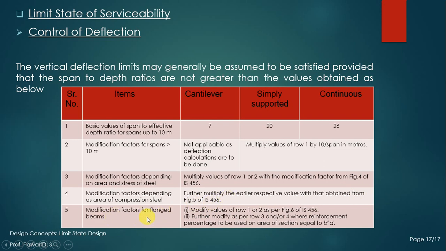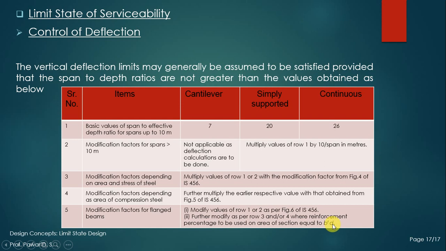For flanged beams, the modified values of rho 1 and rho 2 are from figure number 6 of IS456. Further modify as per rho 3 and 4, where the reinforcement percentage is to be used on the area of section equal to the width of the flange and the depth.